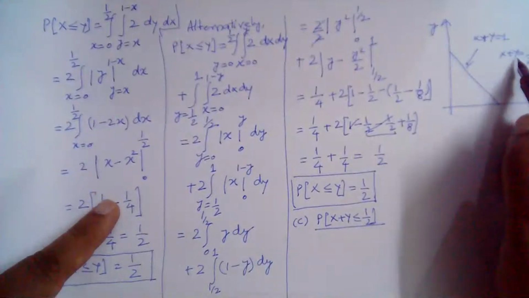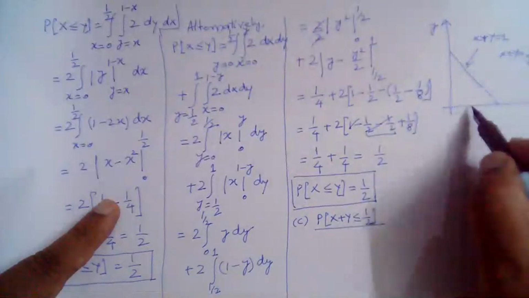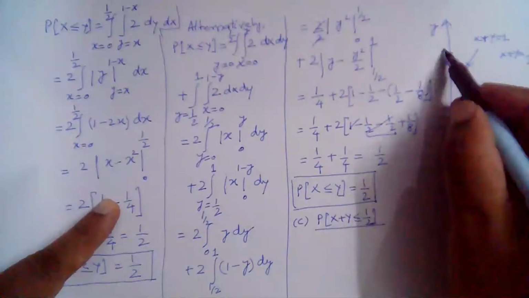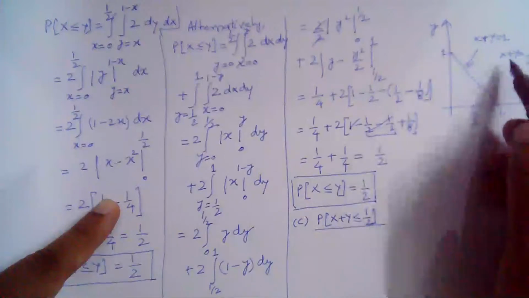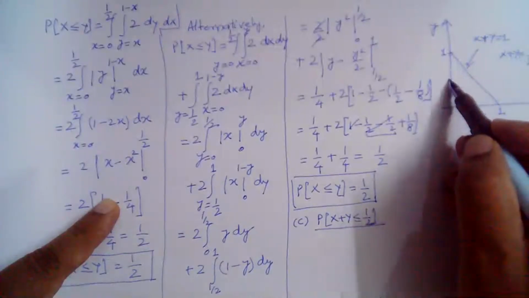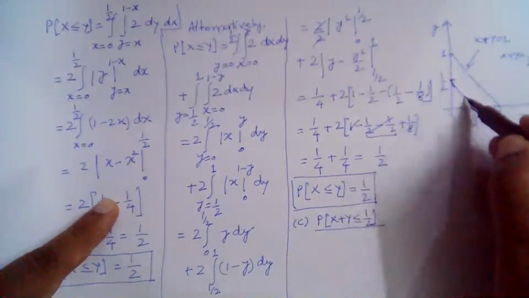If we substitute y is equal to 0 here, then x is equal to 1 over 2, somewhere here. This is 1, you see, x is equal to 1. This is y is 1 over 2. And if you put x equal to 0, you get y is equal to 1 over 2. So this is somewhere here, y is equal to 1 over 2. So it is basically this line.